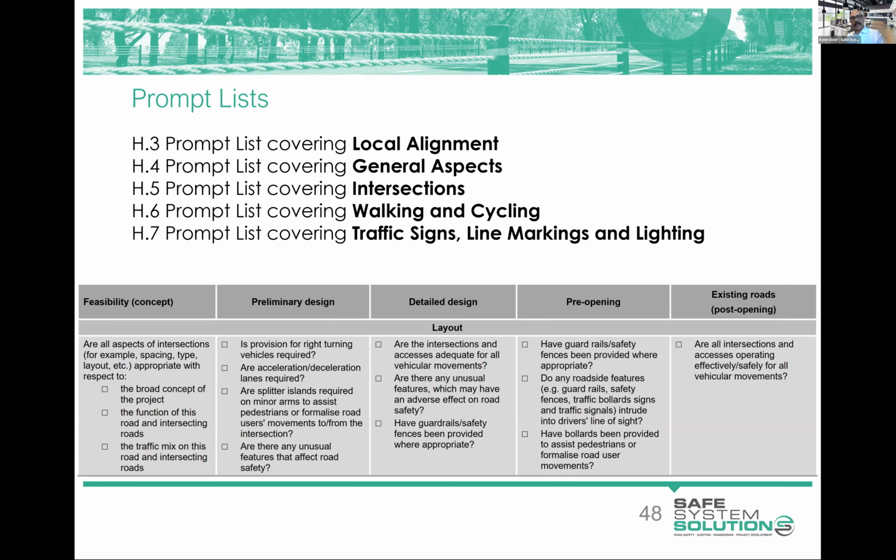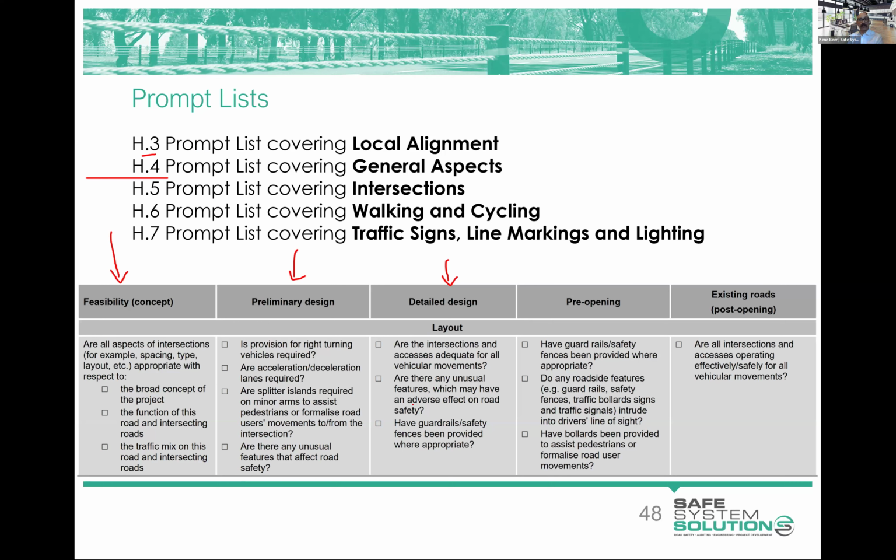You can see that they're broken up into local alignment, general aspects, intersections, walking, cycling, signs, lines, and lighting and the like. The prompt lists come with columns, and the columns are the stages of audit. So if you're looking at a detailed design and you're auditing that, you can dig into these questions under these different categories, and you'll get lots of questions that prompt your thinking.